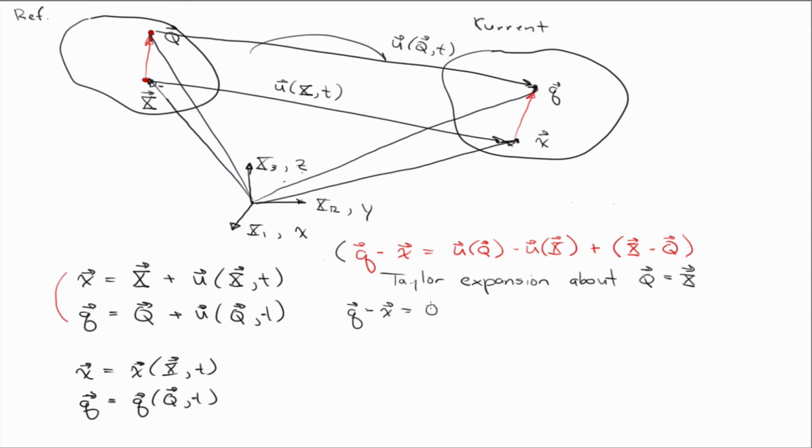I have the ith component here, qi minus xi plus ui(xj) plus, sorry, I.